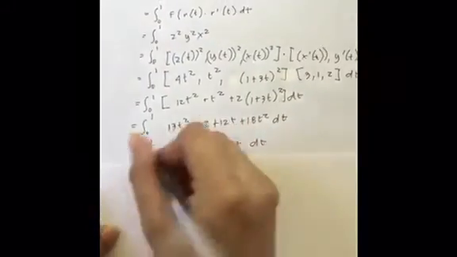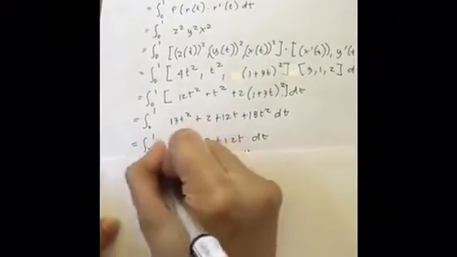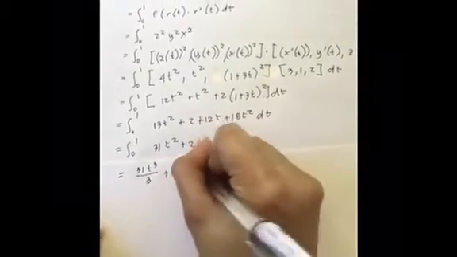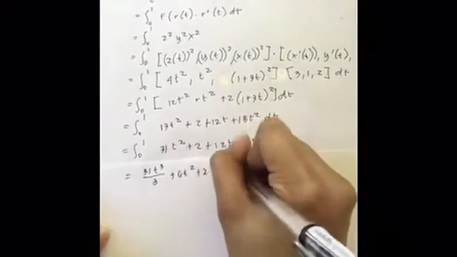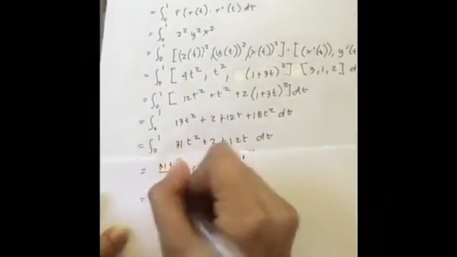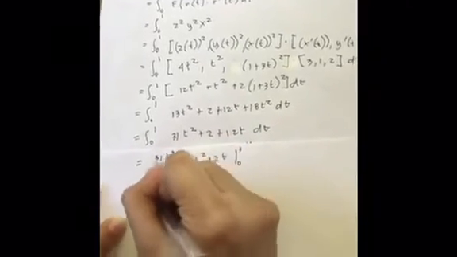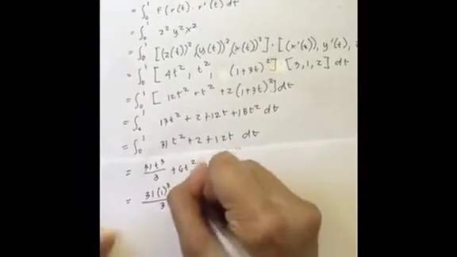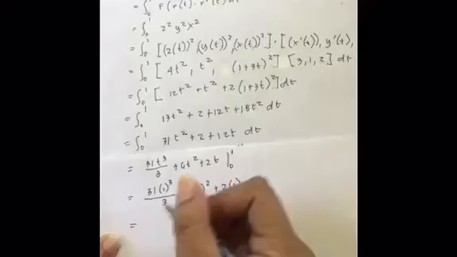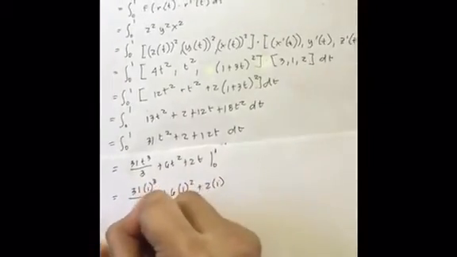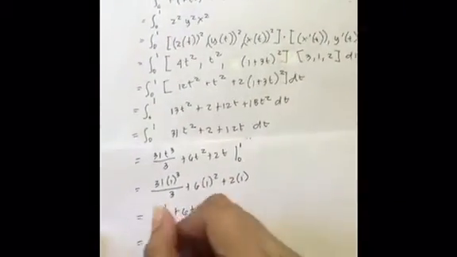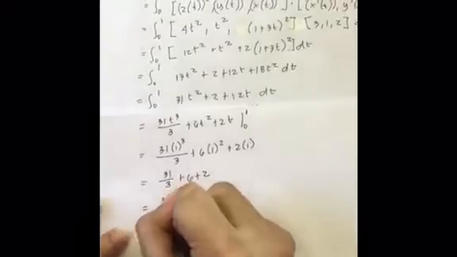Integrate. So it will become 31t cubed over 3 plus 6t squared plus 2t from 0 to 1. Then it will become 31 times 1 cubed over 3 plus 6 times 1 squared plus 2 times 1. It is equal to 31 over 3 plus 6 plus 2. So the final answer is 55/3.